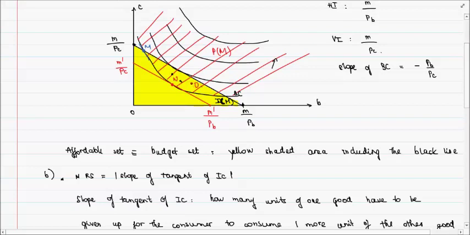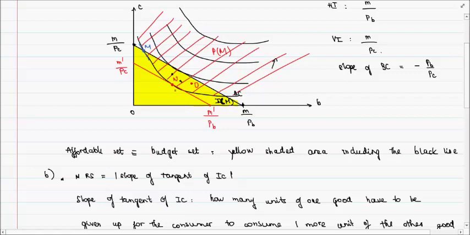So bundle O over here is in part C, where the consumer can actually buy something better than bundle M and still affordable. So should the consumer buy O or buy N? Now what we care about is the utility for the consumer. The higher the utility, the better.